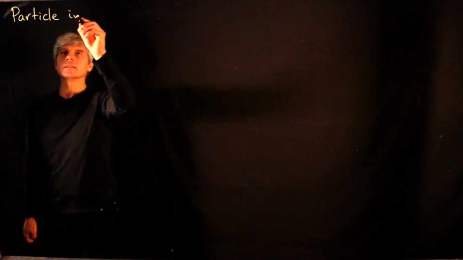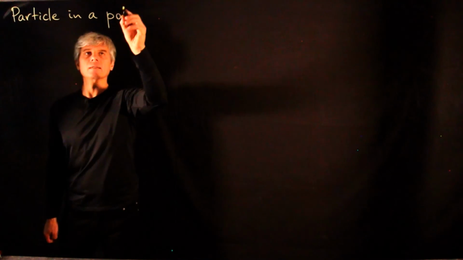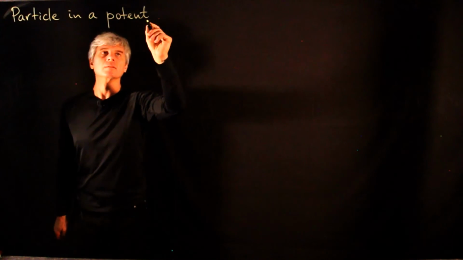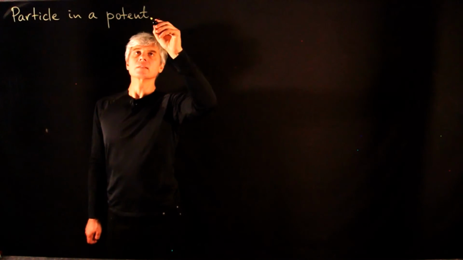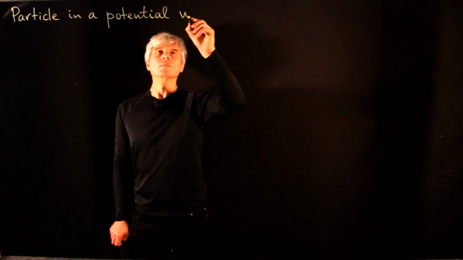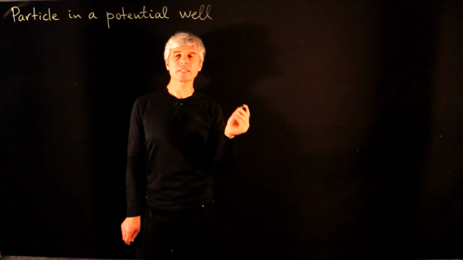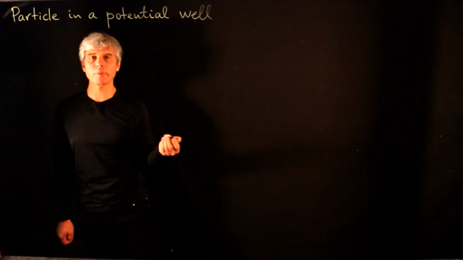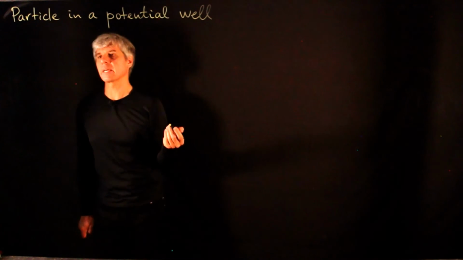So for the next example, I wanted to look at the case of an infinite dimensional space of states. And let us look at a particle in a potential well. So we considered this space of states in the previous lecture, right?